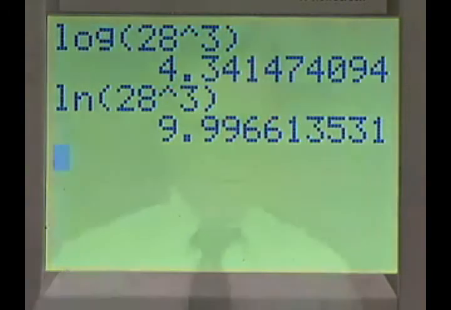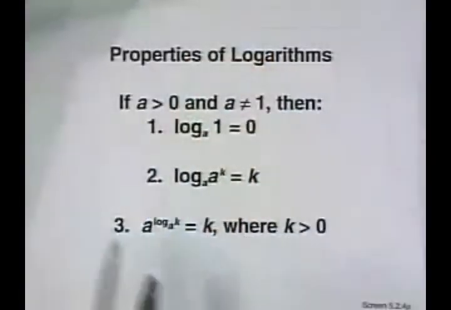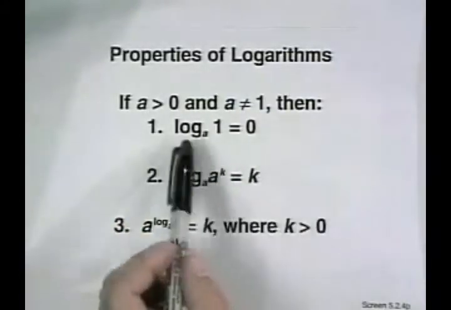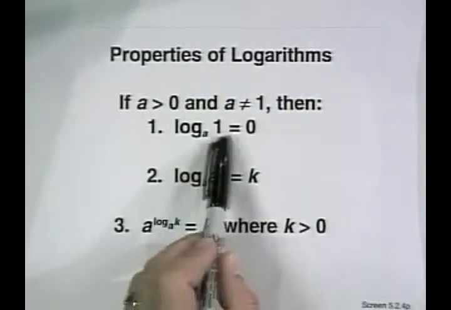Logarithms have many properties, all of which you should become familiar with. Let's look at some beginning ones and see what we can learn from them. Here are the first three properties of logarithms that you should know. If a is larger than 0 and a is not 1, then the log base a of 1 equals 0.